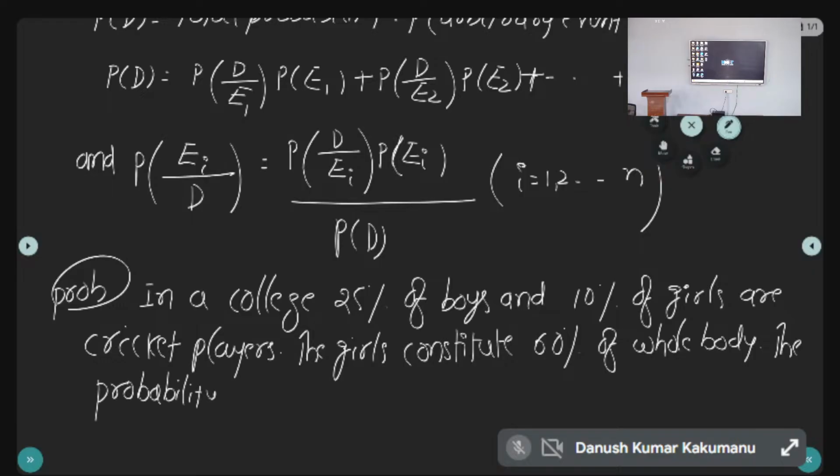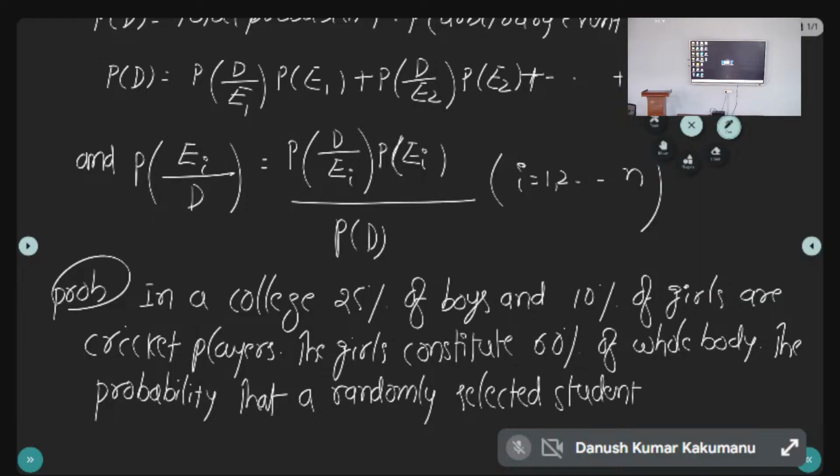The actual question starts here. A randomly selected student who is a cricket player is a girl.